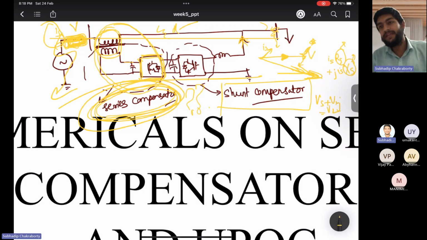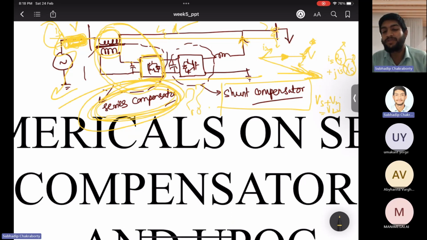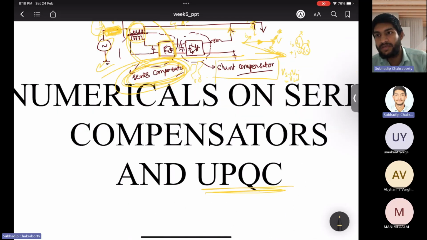And both are obviously needed to provide power quality improvement, meaning that both current and voltage quality should be good. Even if the supply side has abnormalities like sag, swell, voltage notches, voltage unbalance, all those can be taken care of by the series compensator. And what will the shunt compensator do? The shunt compensator will provide features like power factor correction, reactive power compensation, load balancing, and neutral current compensation.